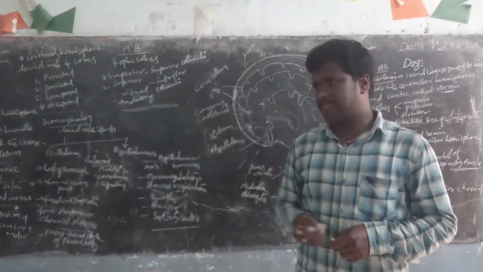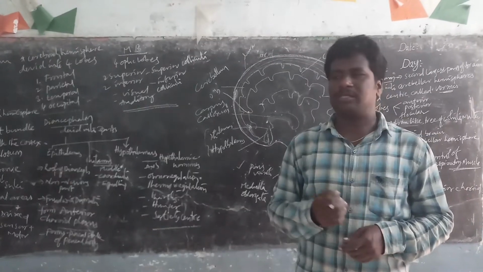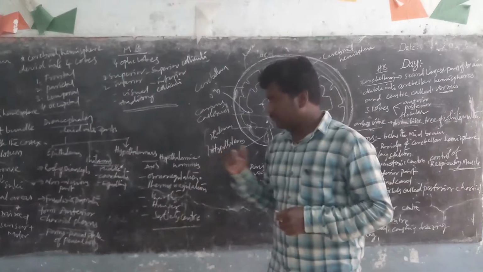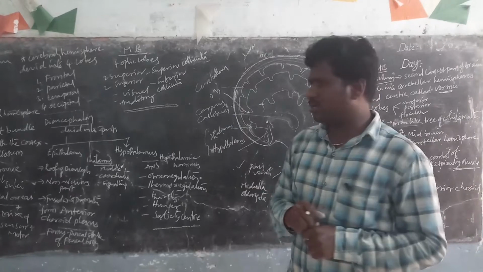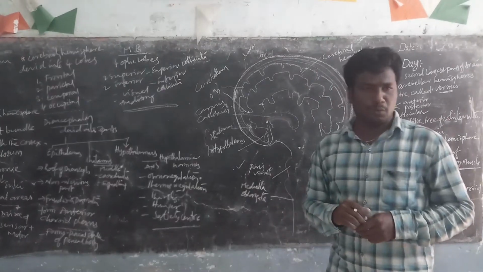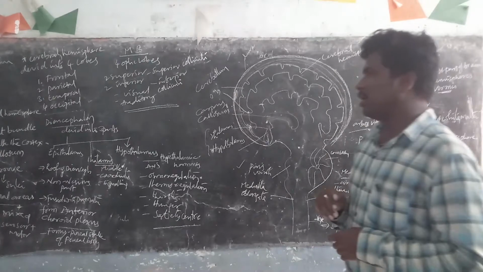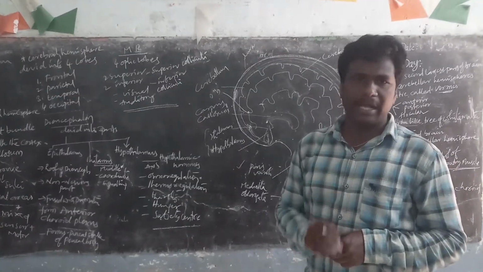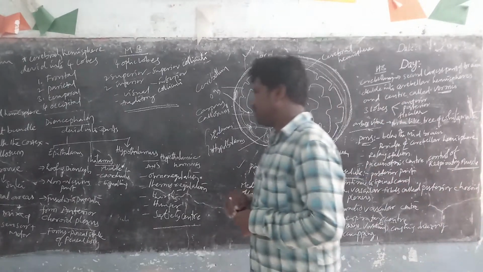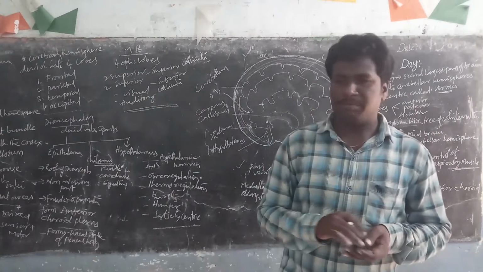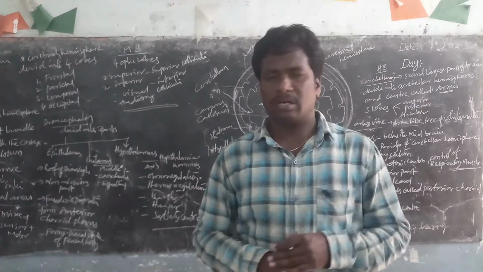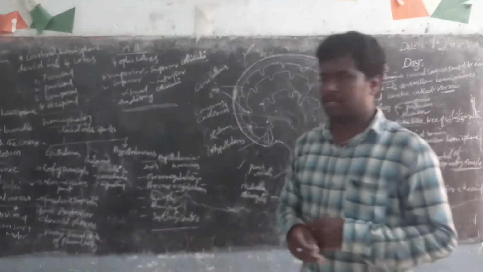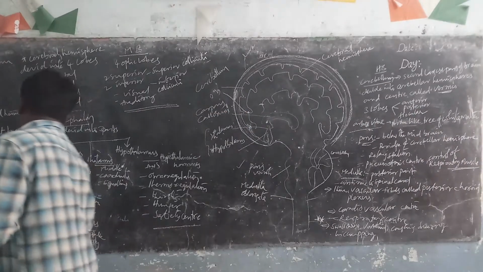The motor area is useful for muscular movements; voluntary movements are done by the motor area of the cerebrum. Then the mixed one performs both sensory and motor functions, and is called the association area.